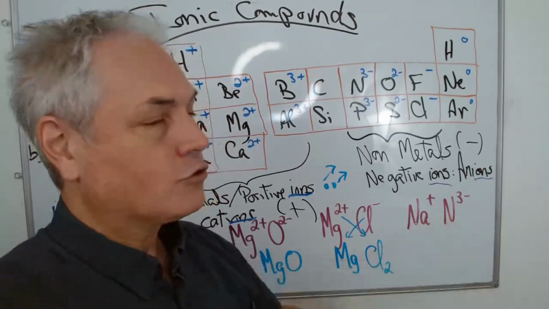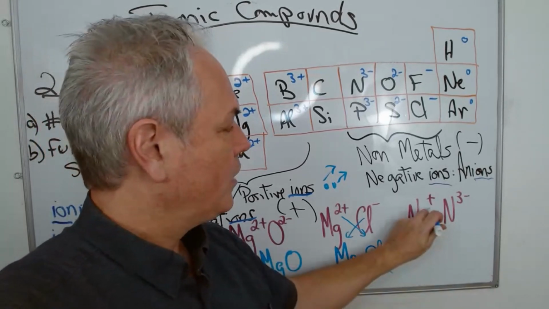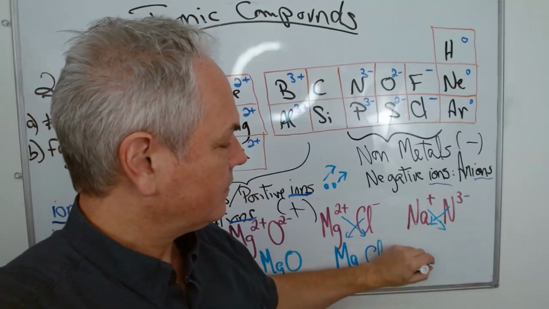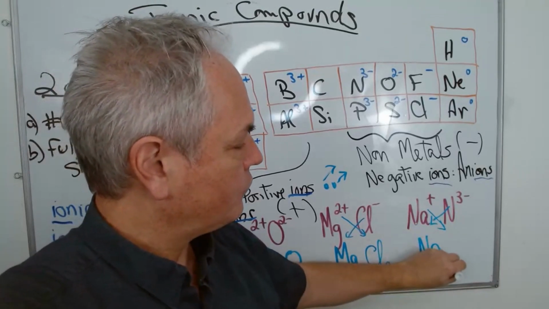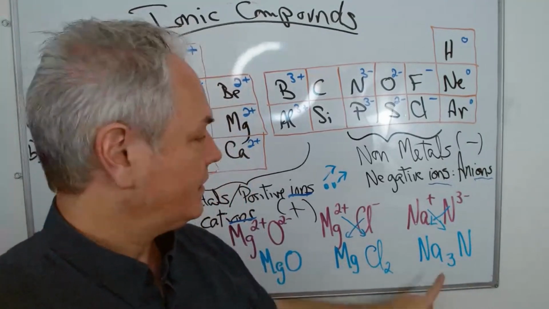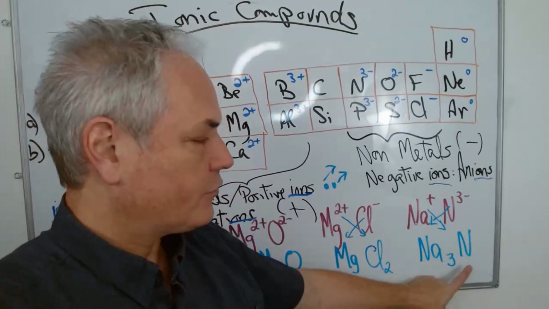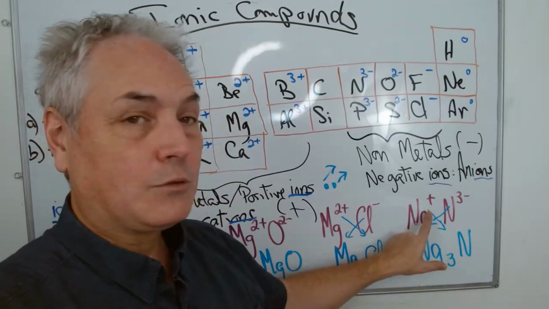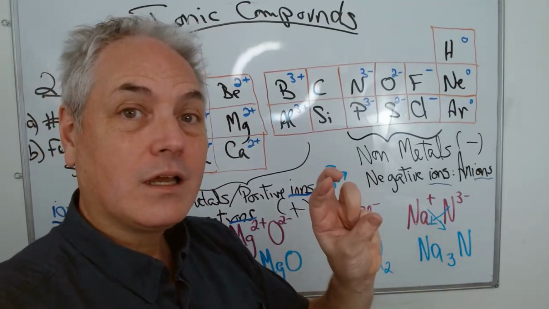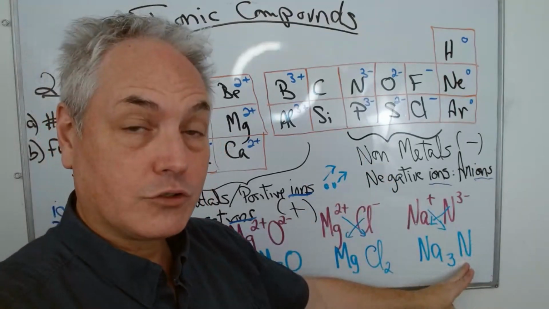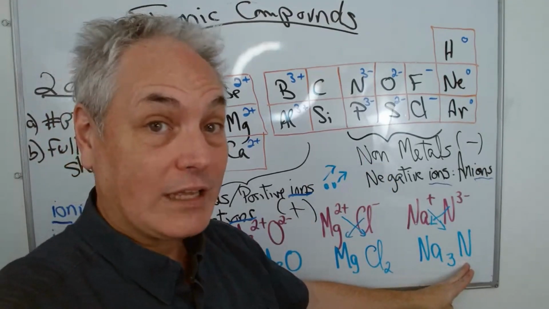Next one, we have here sodium and nitrogen. We're going to do a crisscross as well. We have here Na3N. What do we have here? A sodium nitride like this, because you need 3 sodium that will each give 1 electron for a total of 3 that will go to the nitrogen that needs 3 electrons.